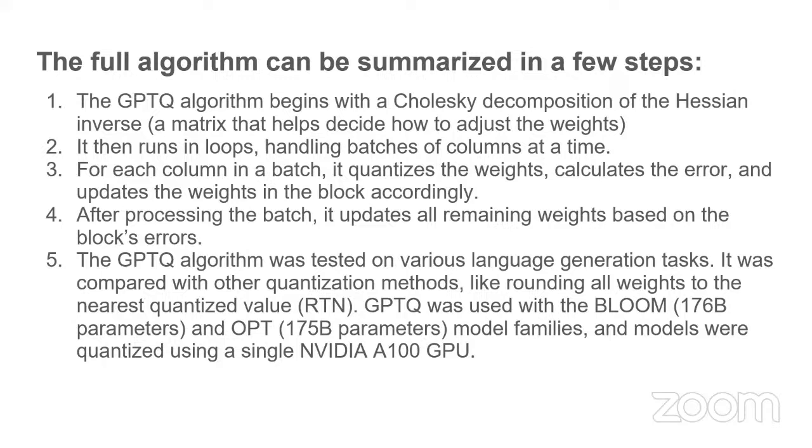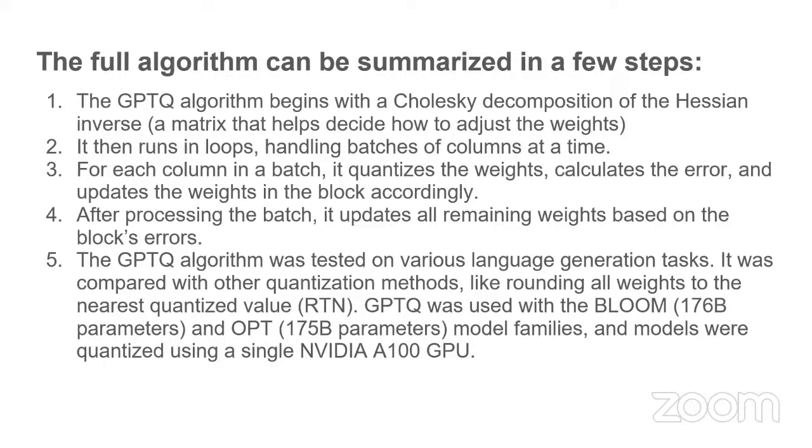It then runs in a loop, handling batches of columns at a time. For each column in a batch, it quantizes the weight, calculates the error, and updates the weights in the block accordingly. After processing the batch, it updates all remaining weights based on the block's error.